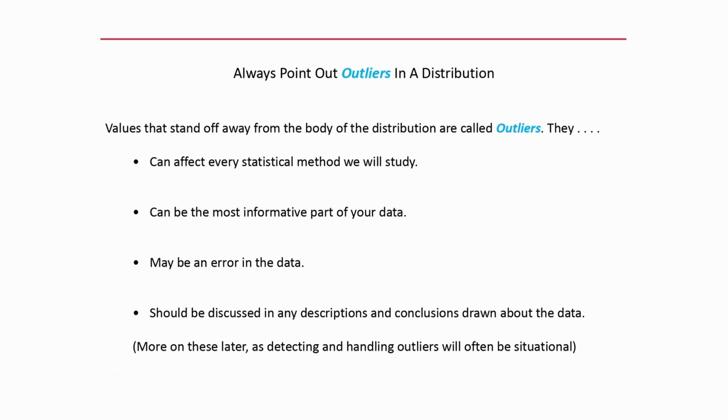Values like that can affect every statistical method that we'll cover in this course, and they're not always errors or mistakes. Sometimes they're the most important and most interesting part of your data. So regardless of where they come from or how we measure them, they aren't something we want to ignore. But because they're very contextual, we'll hit those specifics when those topics come up.